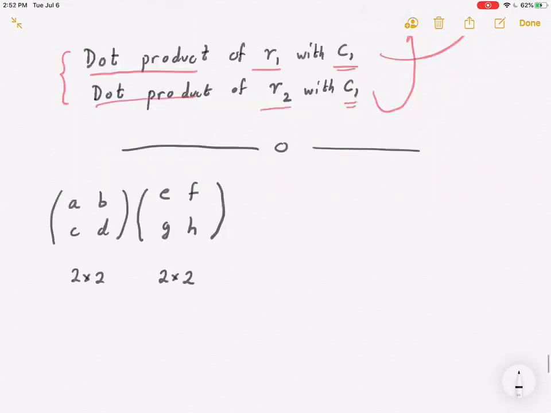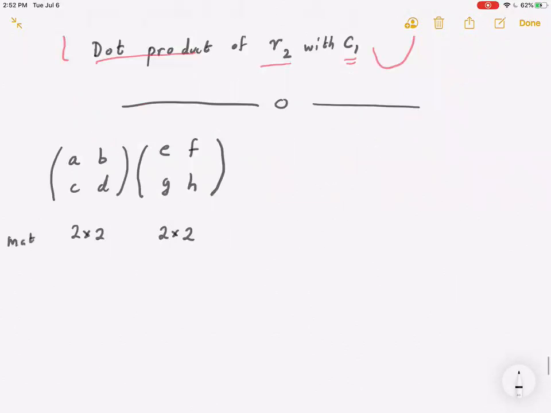In this example, I have a matrix multiplying a matrix. So how do I apply this linear combination idea? And the answer is one step at a time.